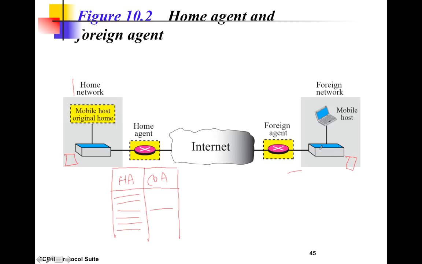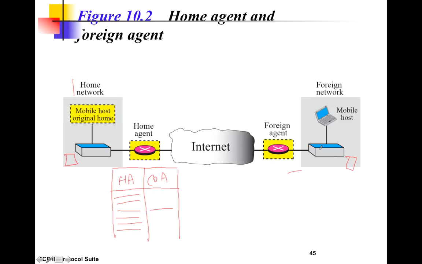If you go to visit a country, you are given a visa, you go there, you stay there, and then you come back to your home network or your home country. And then if you want to go there again, you need to apply for another visa. And this time, the visa number is different from what you were given the previous time.